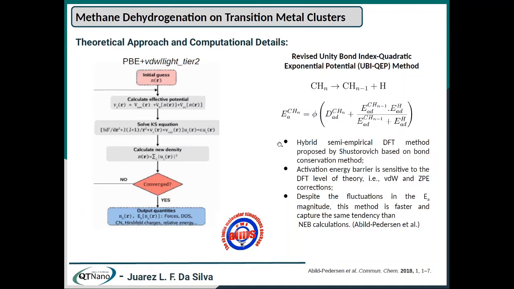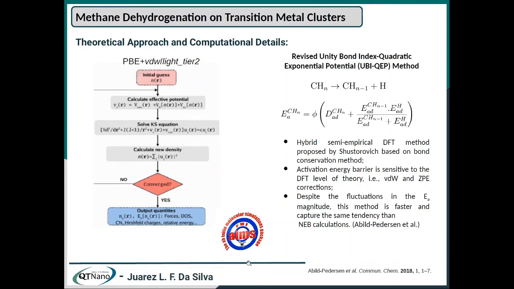Then with these three sets of configurations, we performed DFT calculations using PBE with van der Waals corrections in FHI-aims with the light tier 2 basis set to access some kinetic properties.